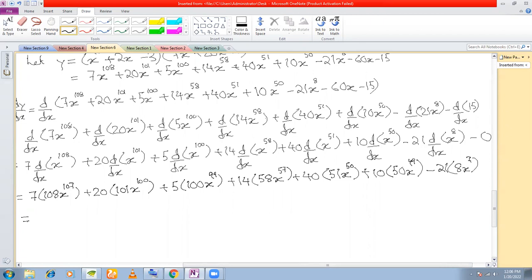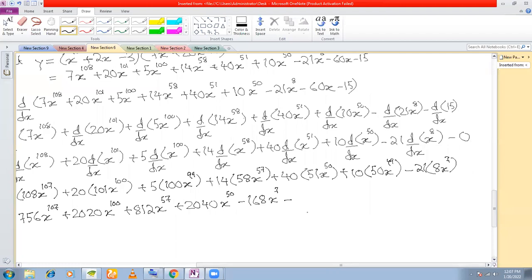And now you can multiply all this, you will get the same answer: 756x^107 plus 2020x^100 plus 812x^57 plus 2040x^50 minus 168x^7 minus, finally you have 60.